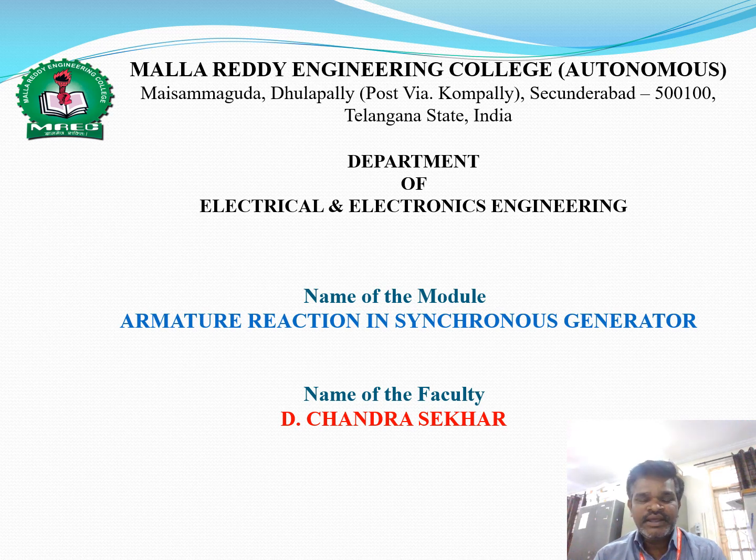Means there are two fluxes in a machine, either it is a DC machine or AC machine, or DC generator or AC generator or synchronous generator. One flux we call the main field flux and the other flux we call the armature flux.